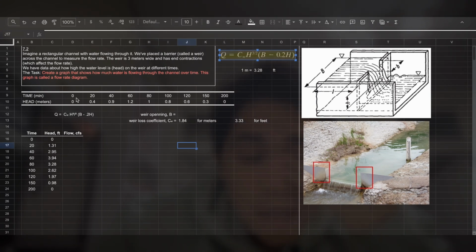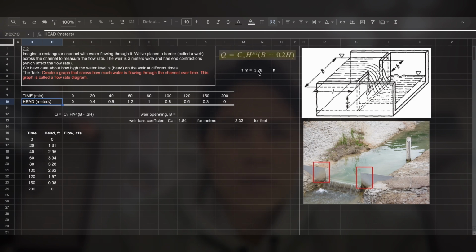So we are given the data and we are given the head. What head means is just the height of the water. If you see here, it is the height of the water right over the opening, following this line in the graph up to where the water is flowing. We are given those values in meters.